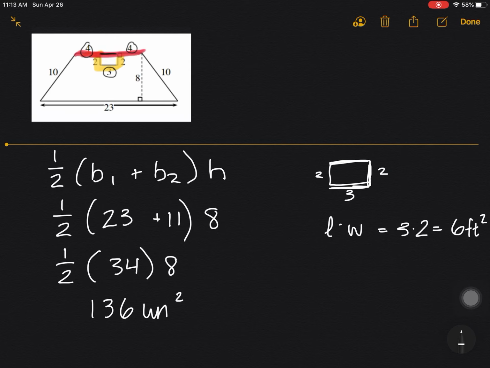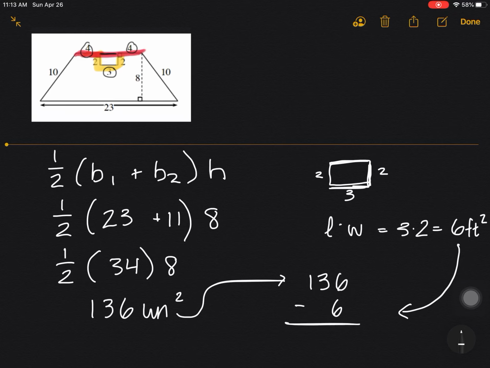Now, remember that that area is missing from the total trapezoid. So the last step is just to take 136 units squared. Remember, that's the area of the entire trapezoid. And we're going to subtract 6 feet because that is the area of just that rectangle that's missing. So we have 130.